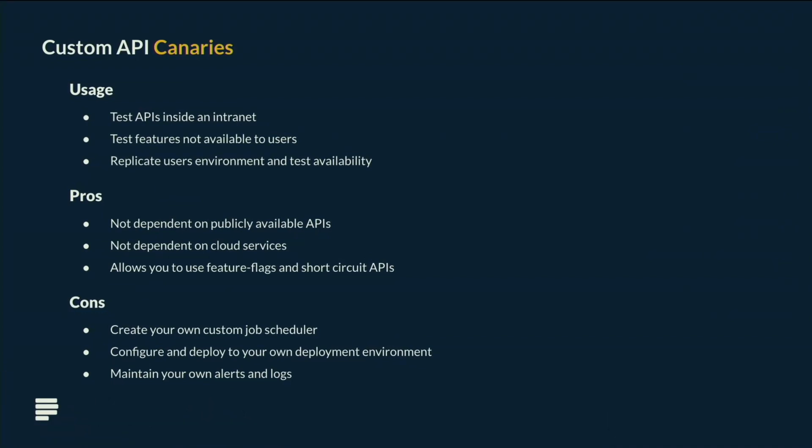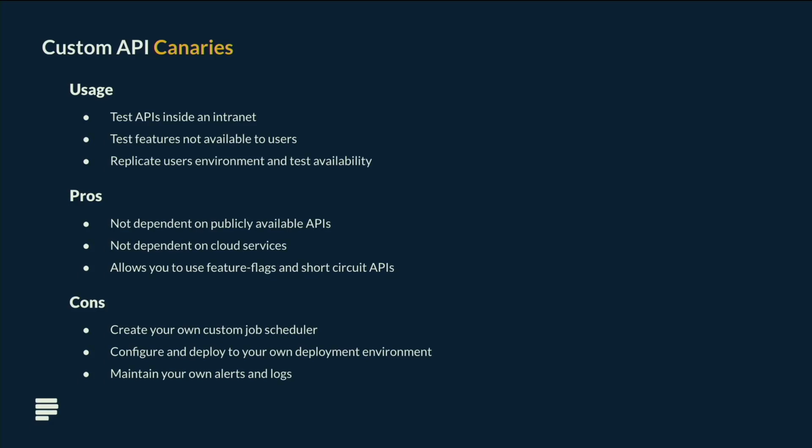The pros are that they link to the non-dependency of publicly available APIs, so you can test this on an API that's not exposed to things like an API gateway or anything like that. And also, it's not dependent on any cloud services. It also allows you to add feature flags and also short-circuit your APIs if you need be.